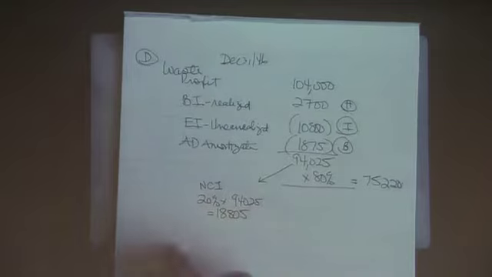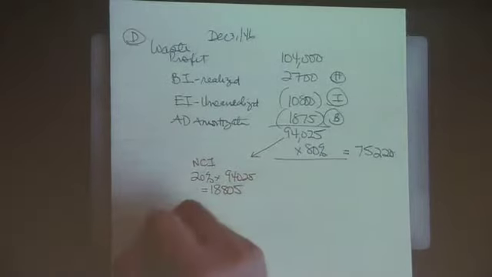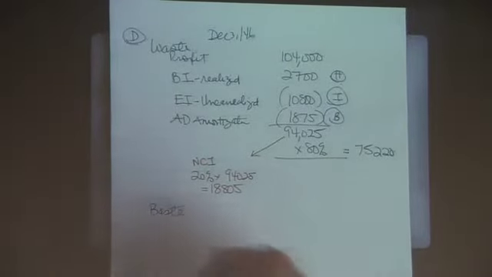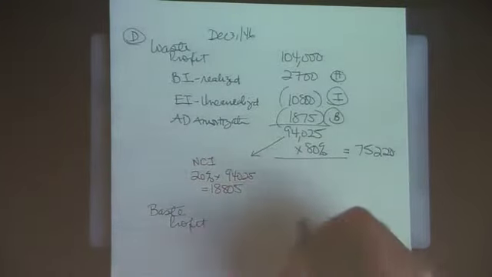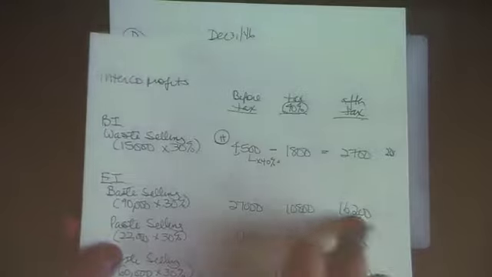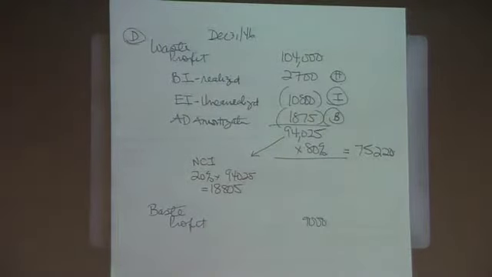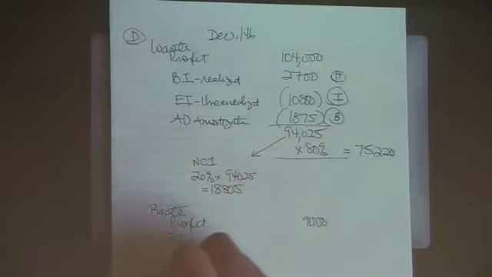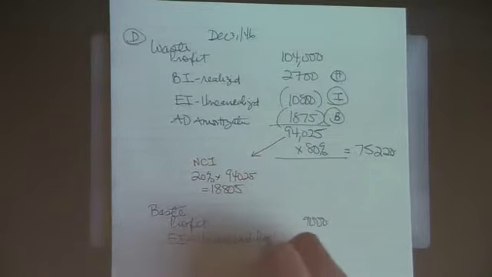Next, let's look at the second sub. It's Base. What's the profit? The profit for Base was 9,000. Now, what was the intercompany transaction? Well, we've got Base selling. There was $16,200 of profit that we need to hold back. So ending inventory unrealized profit.